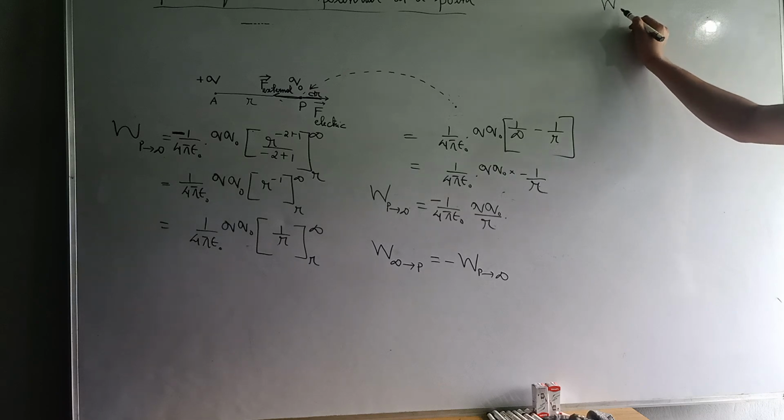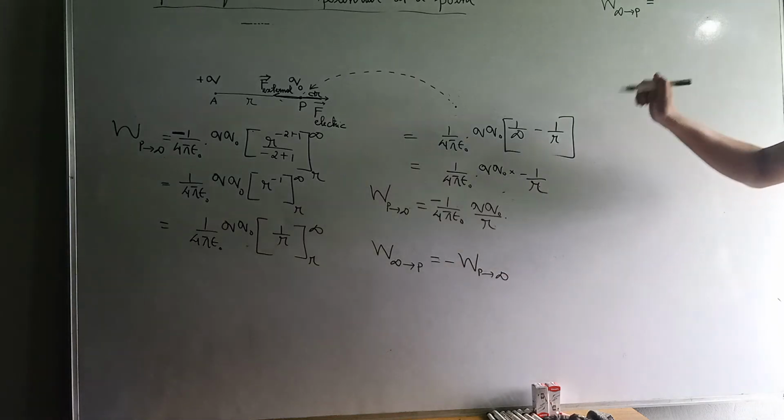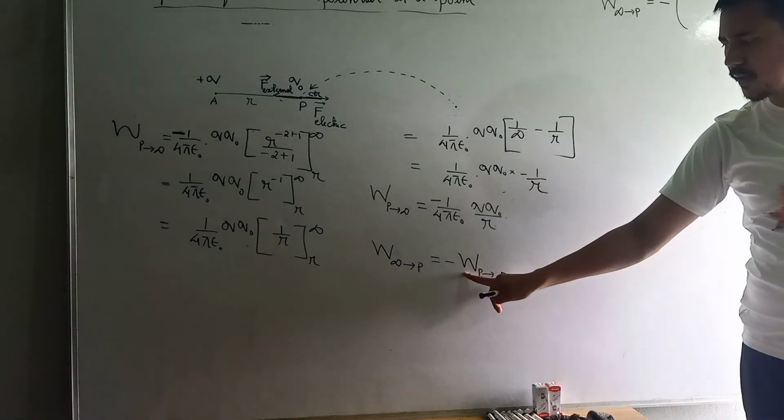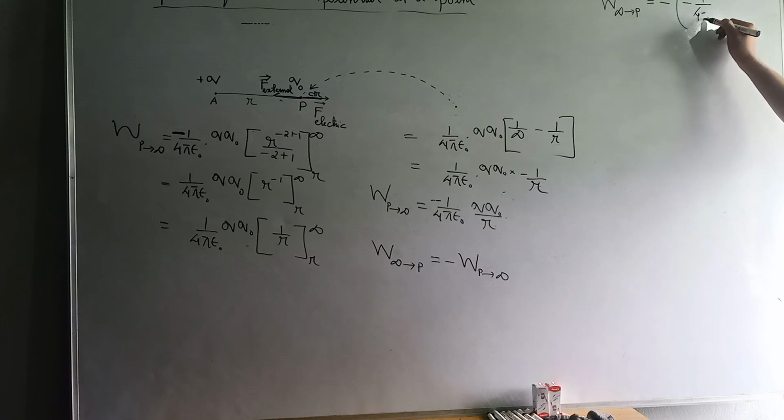So in that case, the work done in taking the test charge from infinity to P will be equal to minus, and work done in taking the body from P to infinity, which is minus 1 by 4 pi epsilon naught.